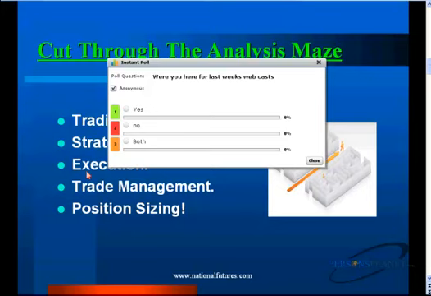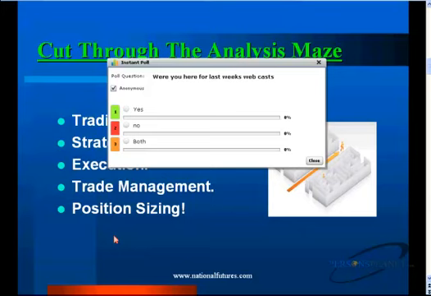Last week we talked about how to come up with trading ideas, how to cut through the maze instead of trying to guess and outsmart the market. A lot of people are trying to outsmart this market, and I think there are some technical analysis tools that can help you uncover opportunity, and we're going to talk about those.